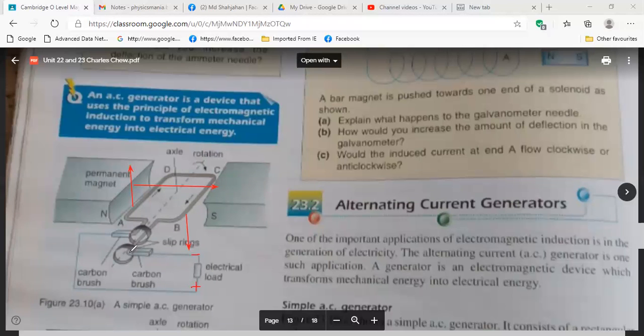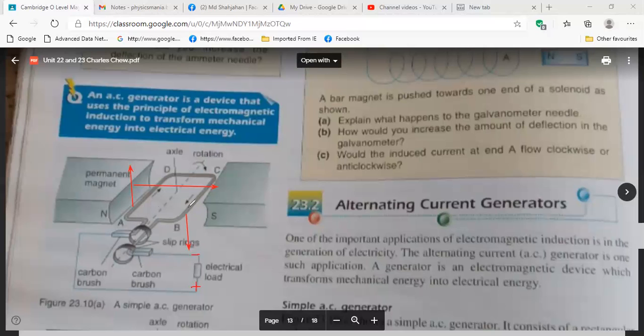Look, if BC is rotating to the other side, then what happens? Our connection of BC is still with the right side carbon brush, isn't it? And the left side carbon brush is still there and it is connected to AD.